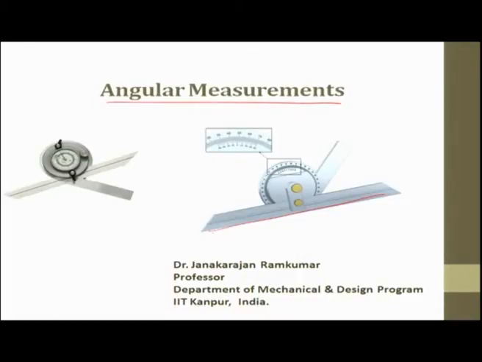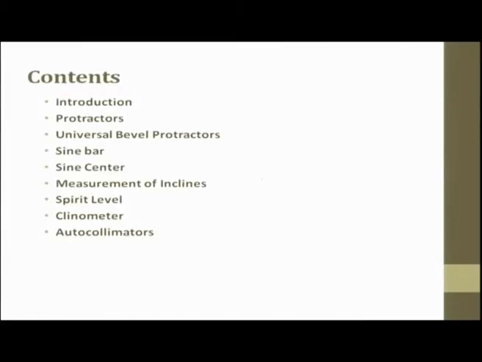If the reference surface is not butting against a given standard reference, then these instruments will give error, because it is a relative measurement. Suppose there is an error between the two reference planes, then that angle will also get added to your result.